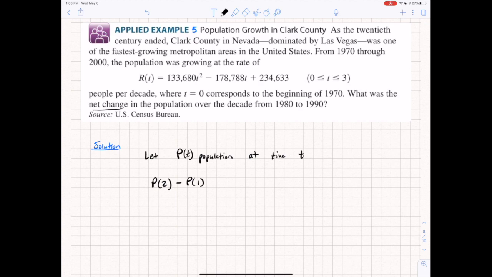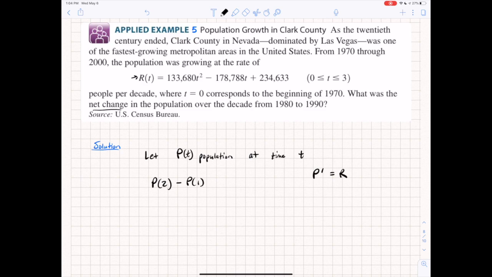Now, we talked about in the previous video that a definite integral is an accumulation. It's measuring net change. And even more so, if you think about what we're given, this r of t is the rate the population is changing. In other words, if I was to differentiate p, that is r.